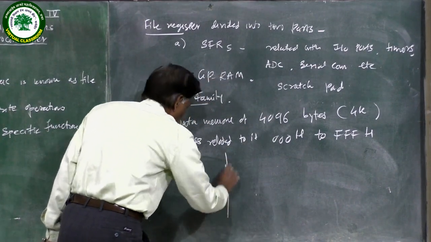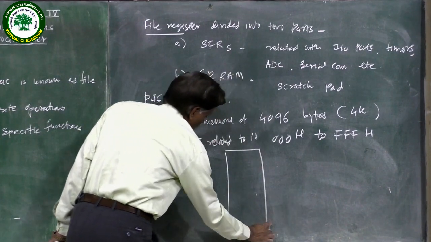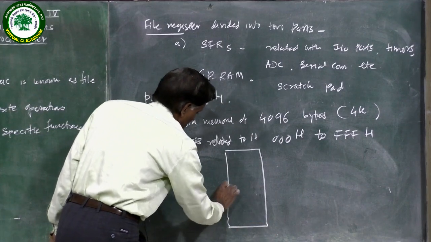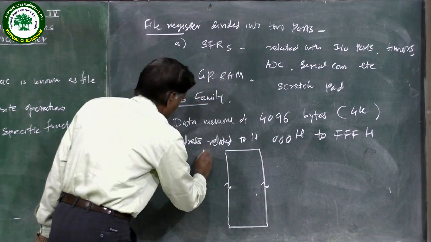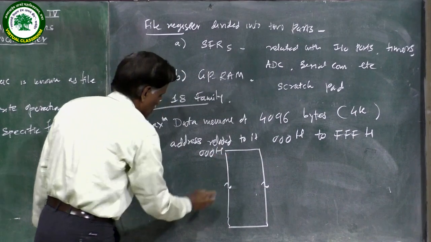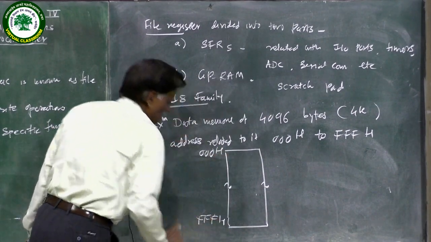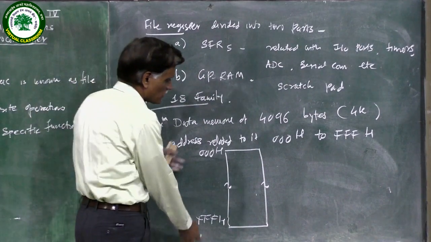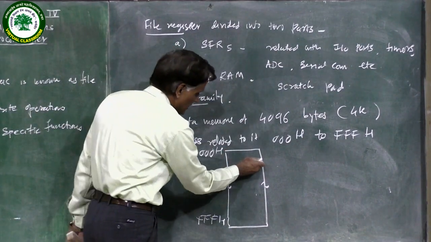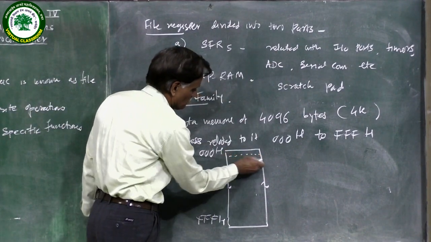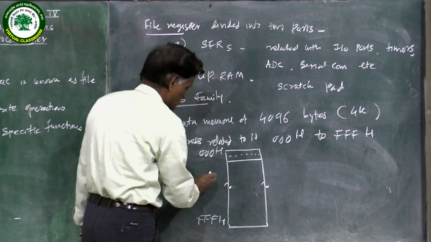With the help of a diagram, we can write this particular data memory like this. Here the starting address is 000H and the maximum address is FFFH. Now, this total memory area is divided into sub-parts known as banks.